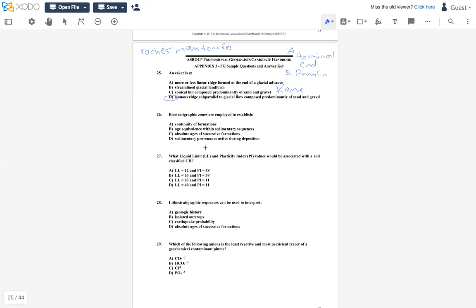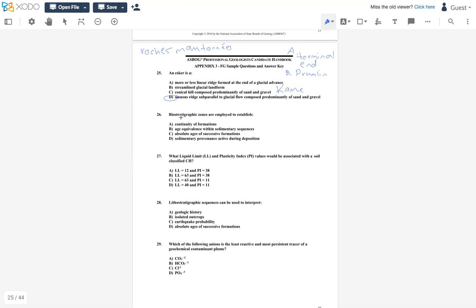So knowing that, let's look at the answers: continuity of formations, age equivalent within sedimentary sequences, absolute ages of successive formations, sedimentary provenance, active during deposition. Okay, so continuity of formations.